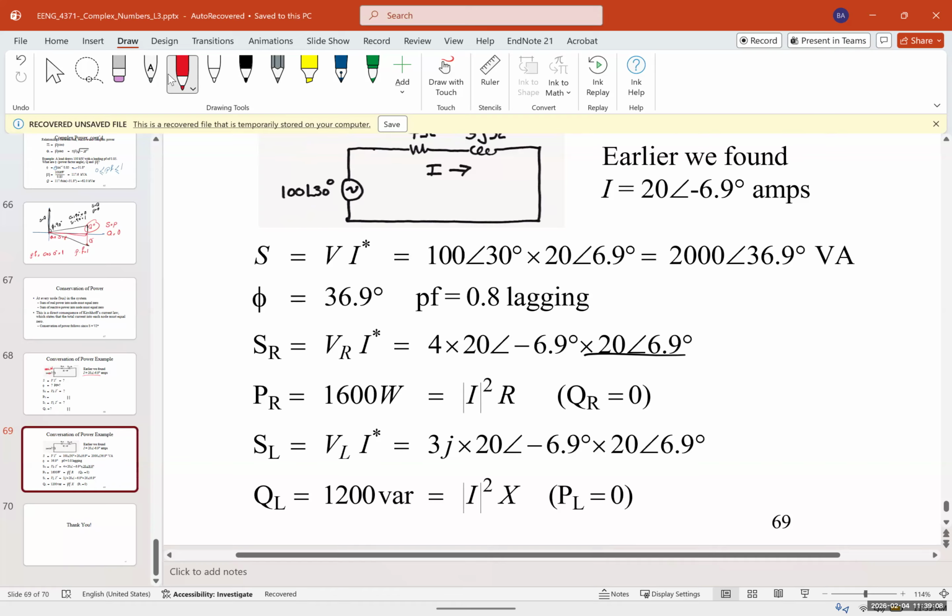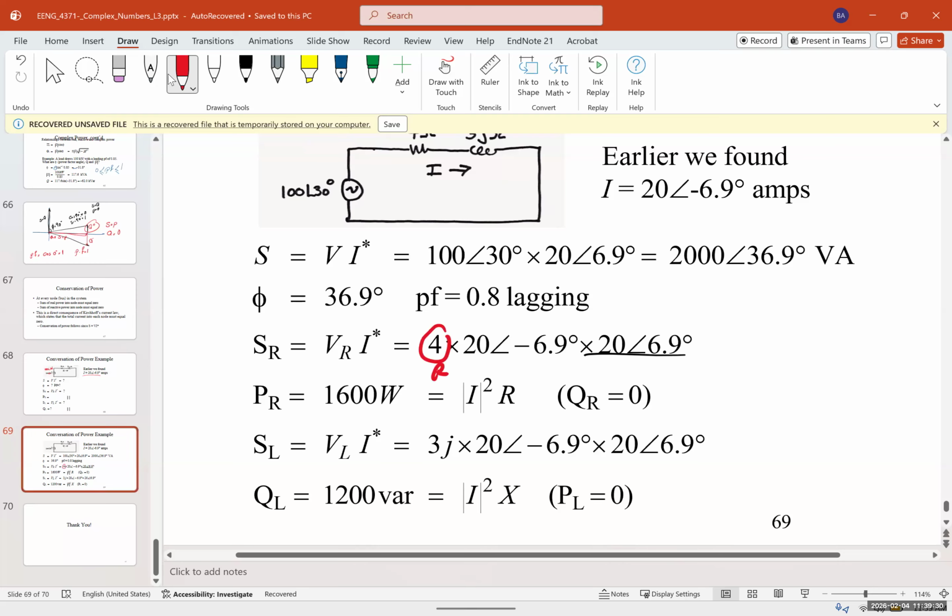And SR is going to be VR I conjugate, where VR is the voltage of the resistor. For that, we use the V equals IR equation.